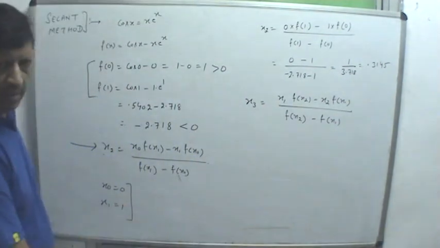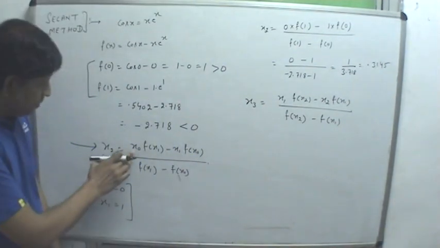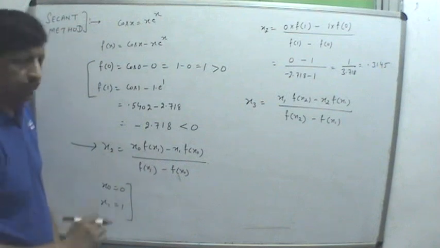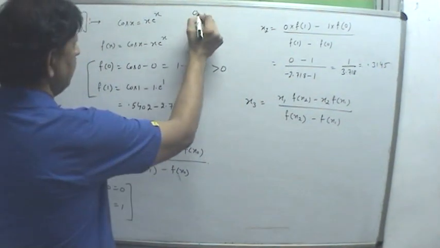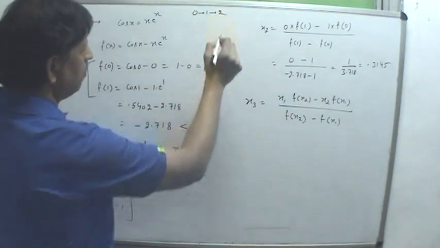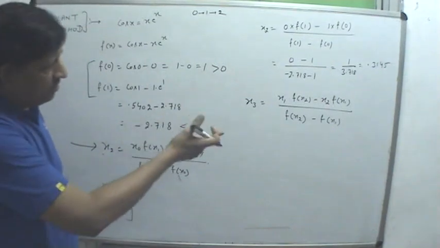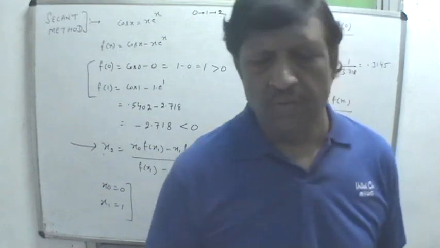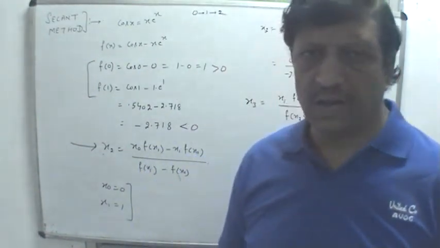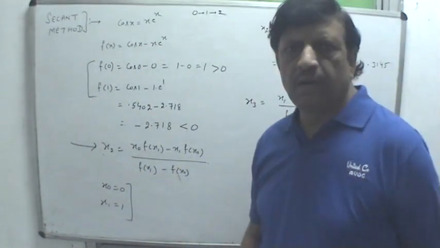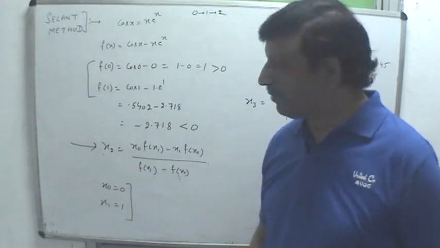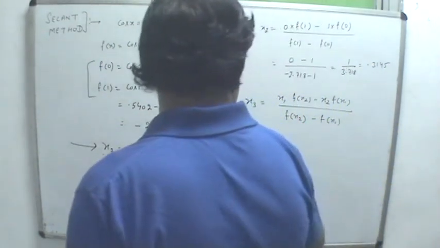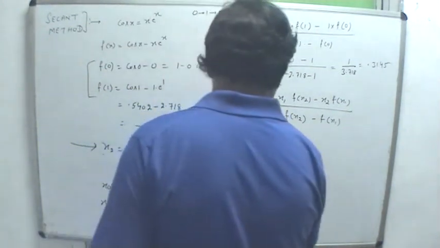Same formula, by changing 0 to 1 and 1 to 2, we get the second step. So in this method we need not divide the number line again and again to find the exact value of the variable.